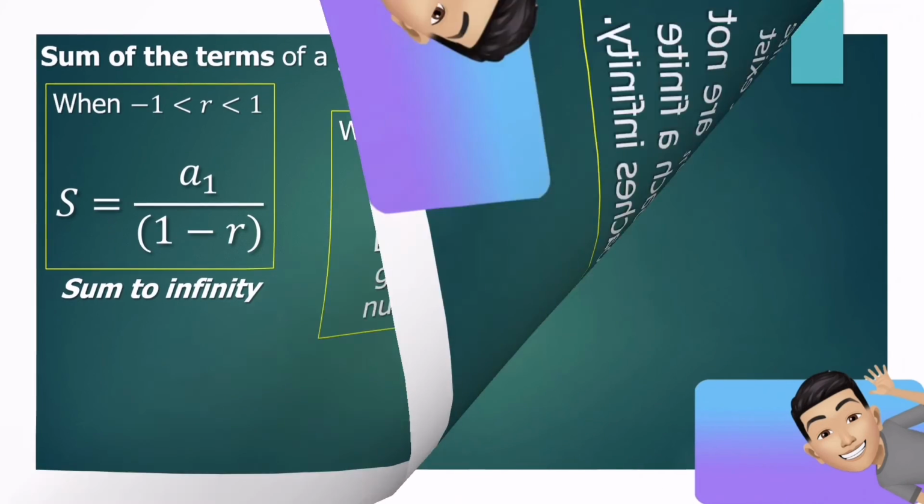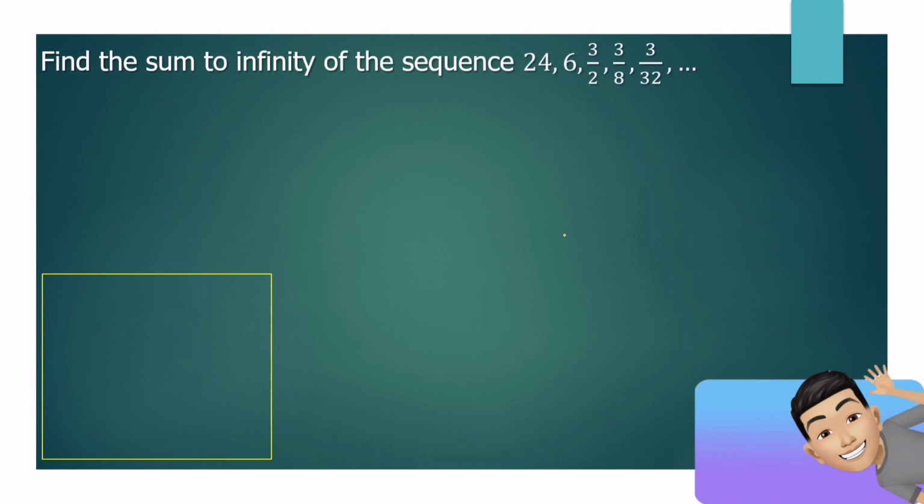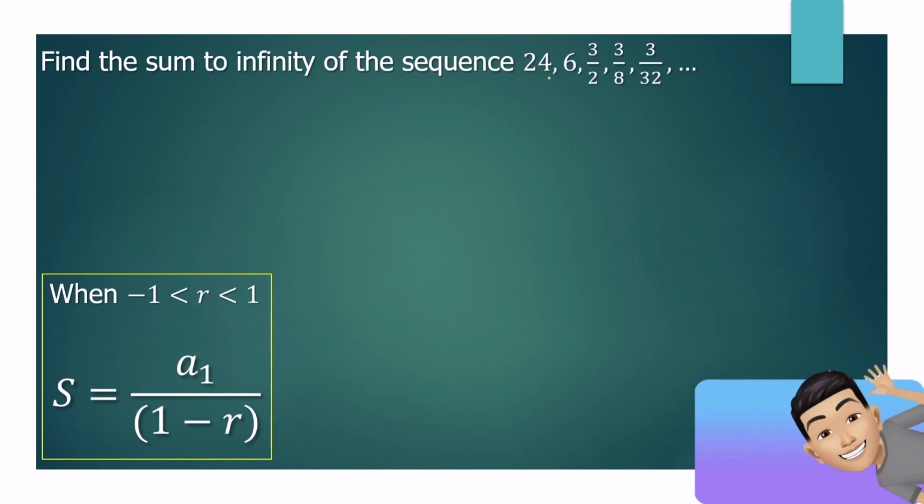So let's have an example para mas maintindihan natin. So find the sum to infinity of the sequence 24, 6, what is this? 3 over 2, 3 over 8, and 3 over 32. So in this case, dahil yung common ratio, ano bang common ratio na? Anong multiply natin kay 24 kaya naging 6 ay 1/4.